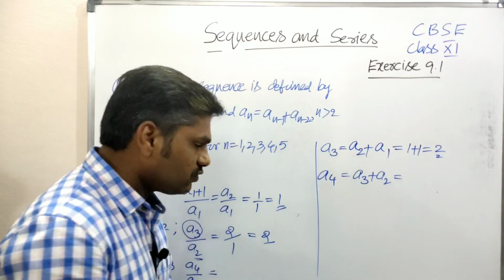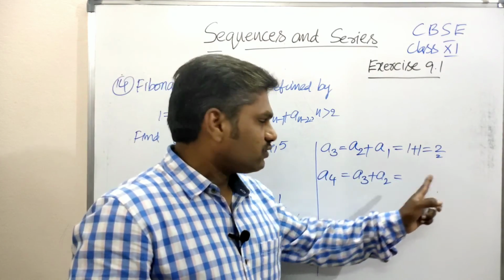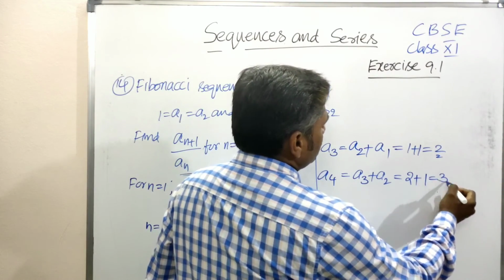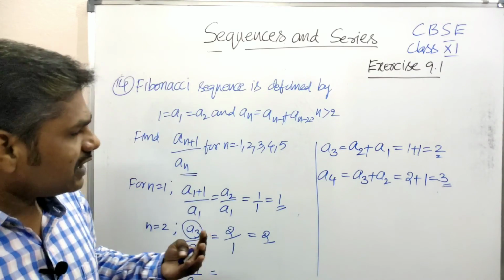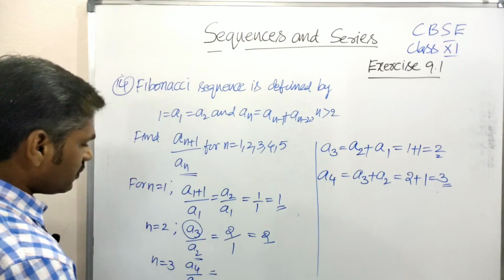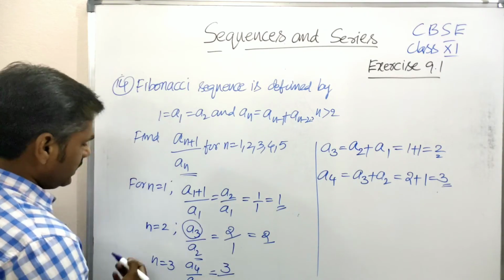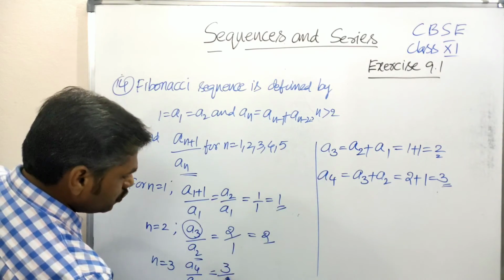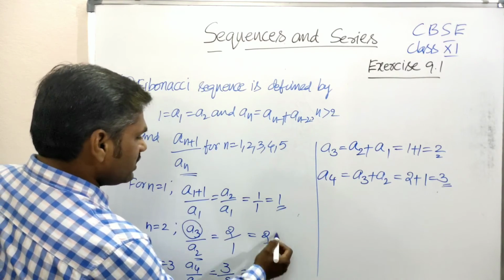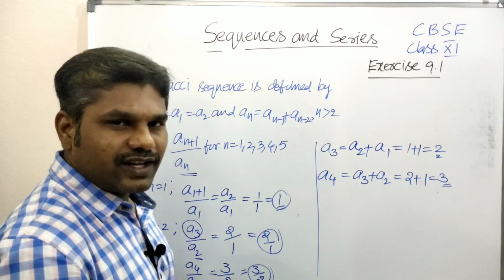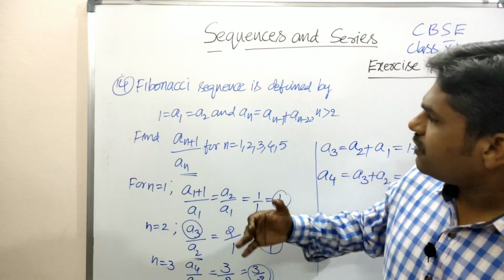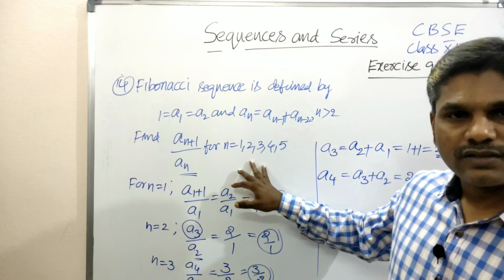You know the a2 value and also the a3 value. a3 value is 2 plus a2 value is 1. Therefore, the fourth term of the Fibonacci sequence is 3. Therefore, this is 3 by a3, which is equals to 2. So, the ratio is 3 by 2. So, in this way, you can calculate the ratio for any particular values of n.